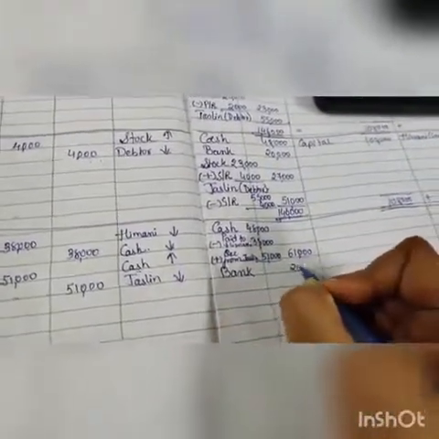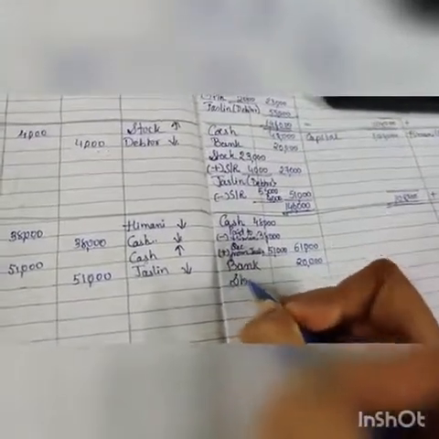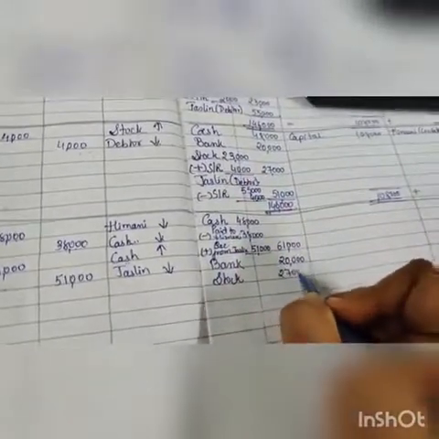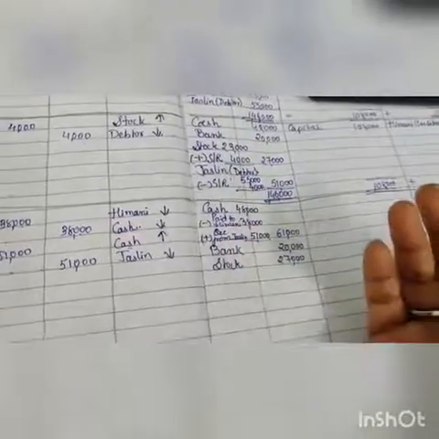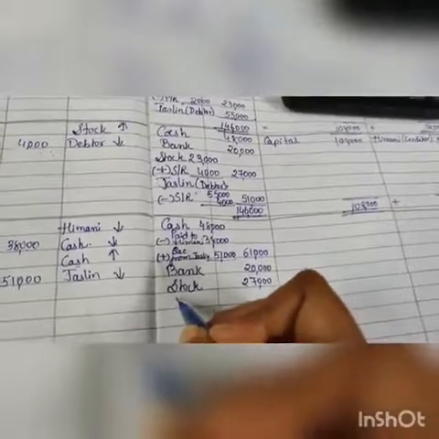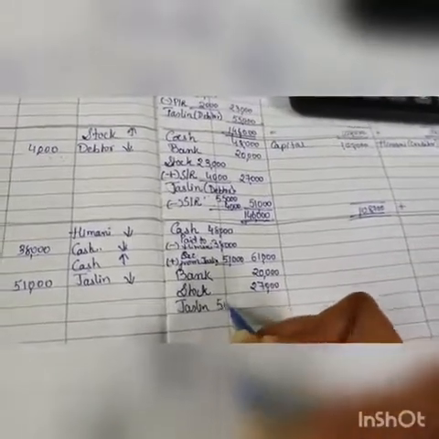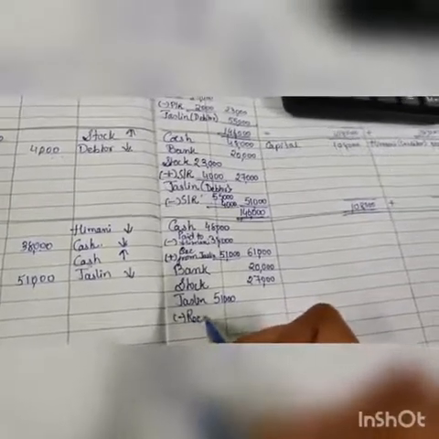Now then bank, so there is no effect in bank, so we will write down bank account as it is, that is 20,000. Then stock, there is no effect on stock also, so we will write down stock as it is, that is 27,000. Now Jasleen, as we have received, no need to write down Jasleen, okay, leave it. Or if you want to show, then you can say Jasleen 51,000. So we have received, sorry, not paid, but we have received.